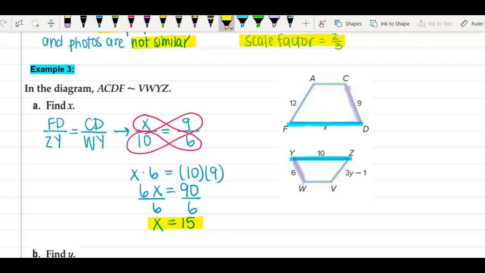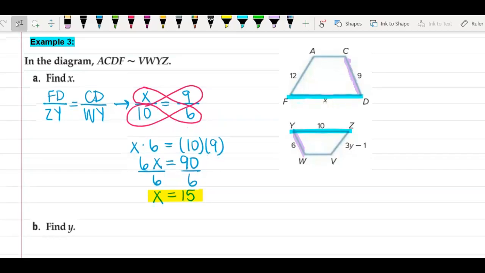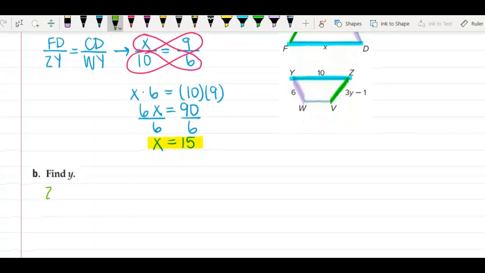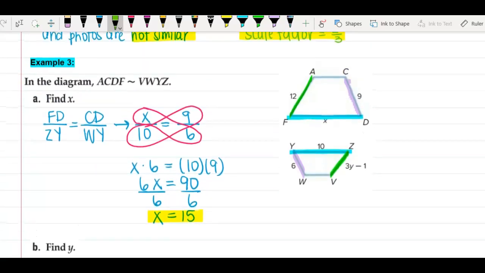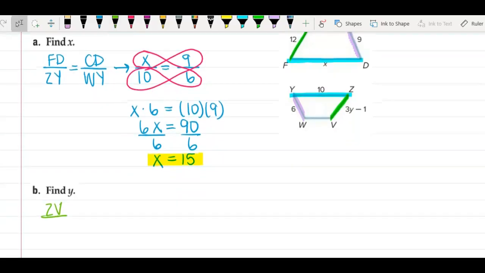Okay, and I'm going to do the same kind of thing, but this time I want to find Y. Y is sitting over here at ZV. ZV is the first and the last, so that should go with AF, which is 12. So I could say ZV over FA.